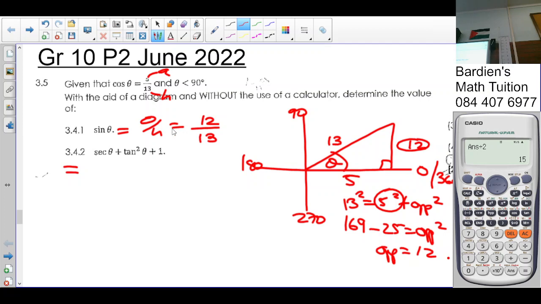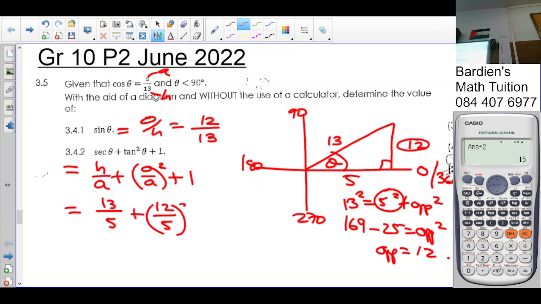Sec is the reciprocal of cos. Cos is adjacent over hypotenuse, so it's hypotenuse over adjacent, plus tan is opposite over adjacent, squared, plus 1. So your hypotenuse is 13, your adjacent is 5, plus your opposite, which is 12, over your adjacent 5, squared, plus 1.